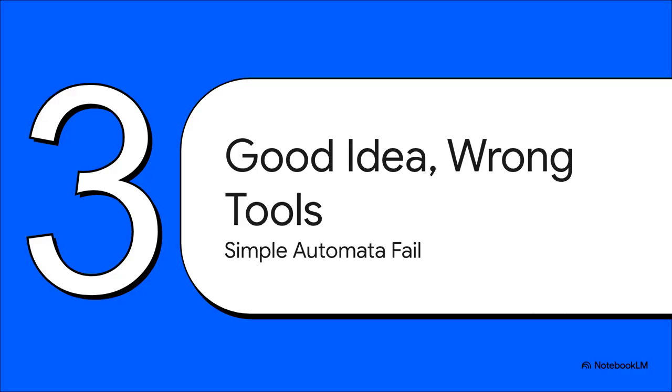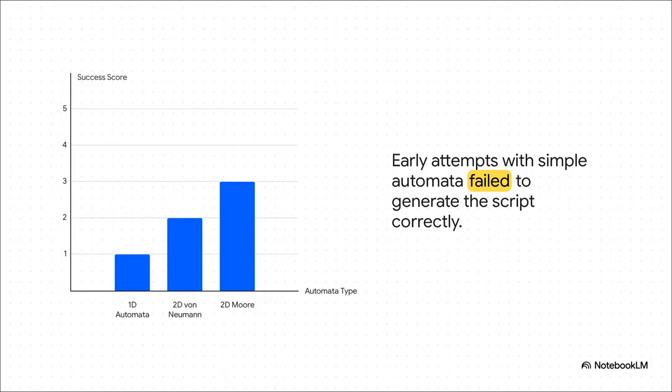So the idea of using cellular automata was great, but the first tools they tried just weren't up to the job. What happened when they applied the standard, synchronous method to generate Margolus script? Yeah, it didn't go so well. Those first attempts were, to put it mildly, a bust. The absolute simplest method could only spit out one lonely character.